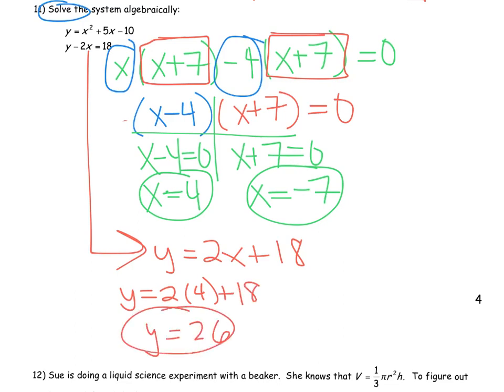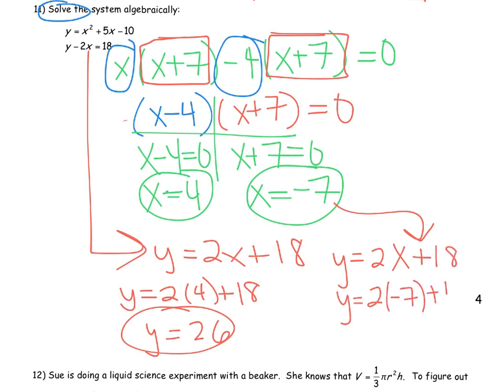So that's one answer. Over here, you're going to plug in when x is negative 7. What do we get for y? Good. You should get 4. Okay, now I've solved this system and we're done.